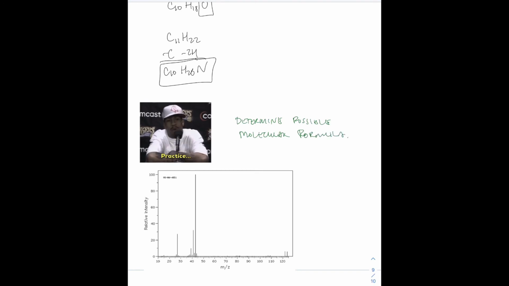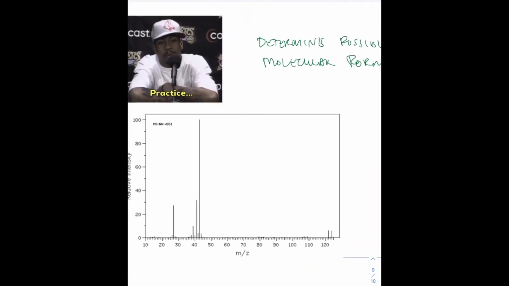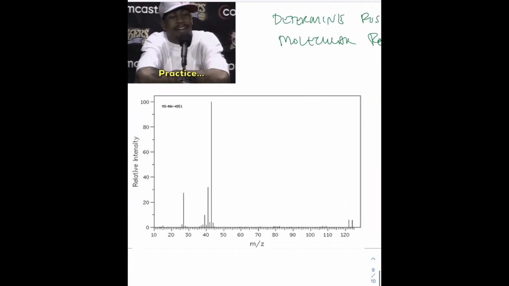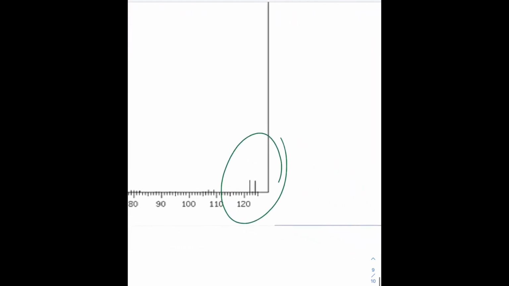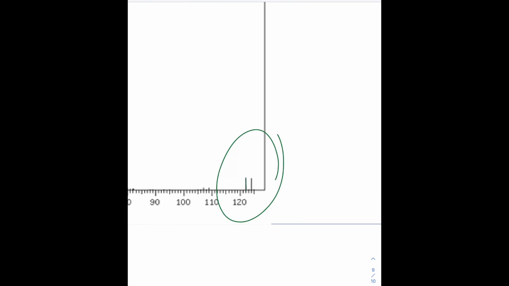Okay, now we're looking at this. We're looking at it very closely. What do you want to do first? Well, for me personally, I like to look way over here. I see 2 itty-bitty peaks. Looks like one of them is right here at 122. That other one is right at about 124.